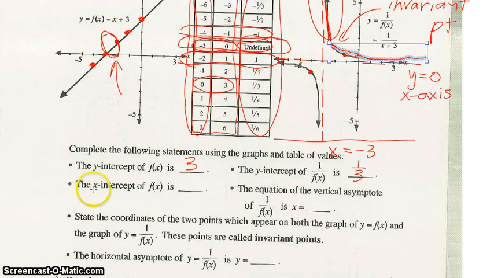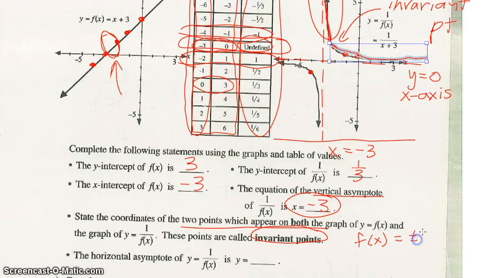The zero of the original graph is -3, the x-intercept, so it becomes a vertical asymptote at -3. The 2 points that appear on both graphs are called the invariant points, which is when y is equal to plus or minus 1. Finally, the horizontal asymptote is always at the x-axis.